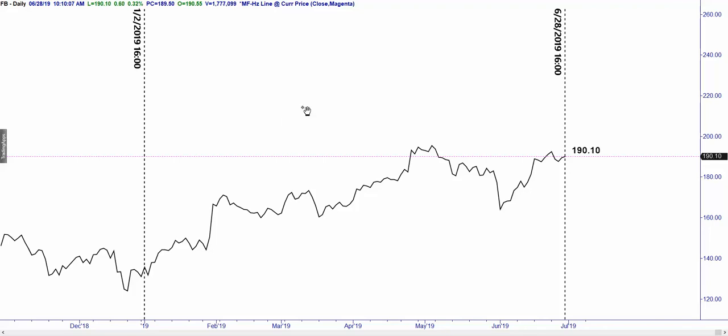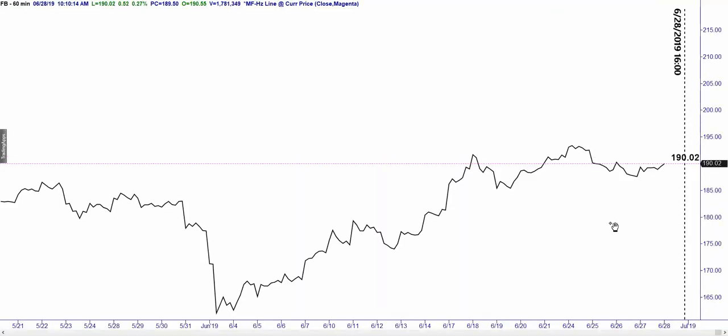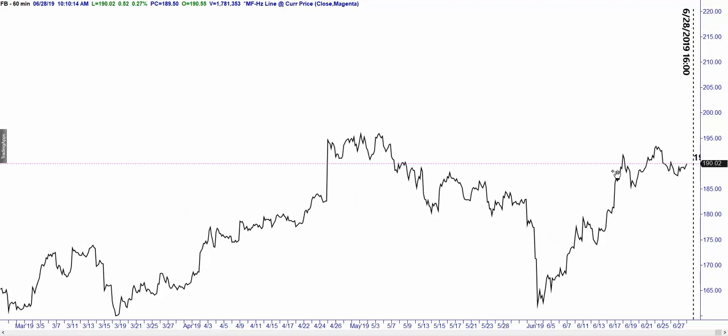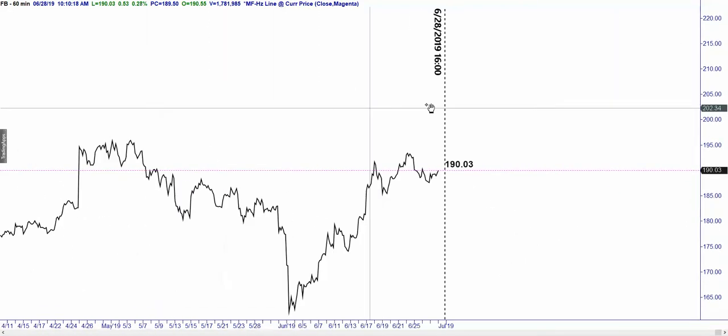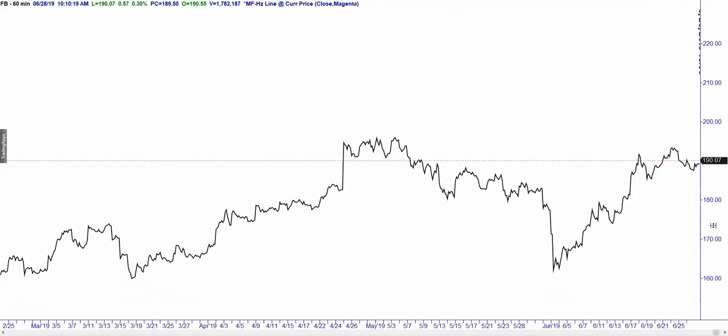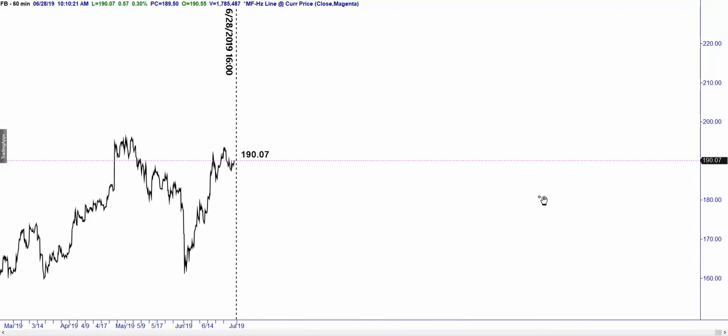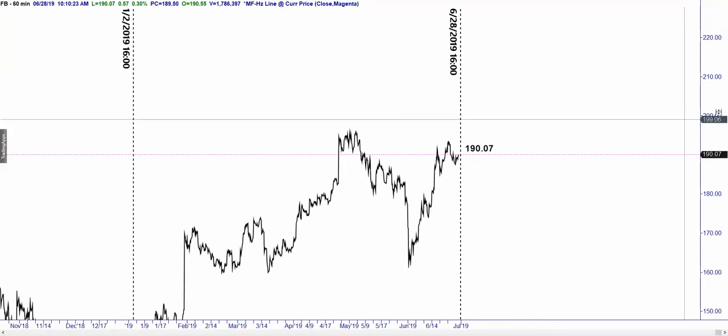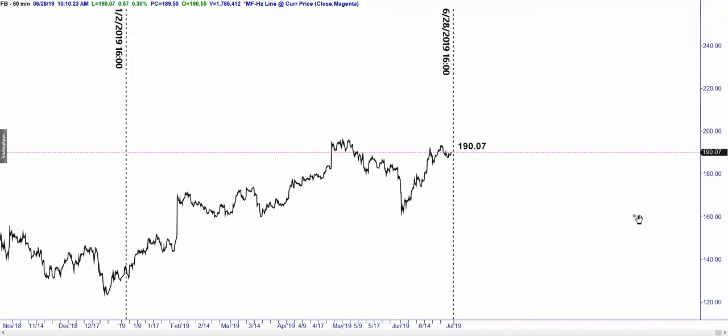If I change this to a 60-minute and scrunch this down just a bit so we can fit everything in, right here is all that price action that occurred during the year.